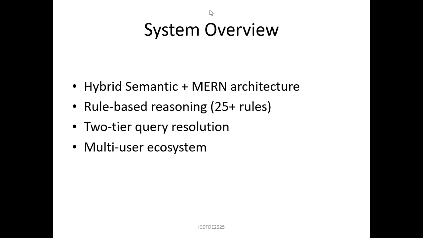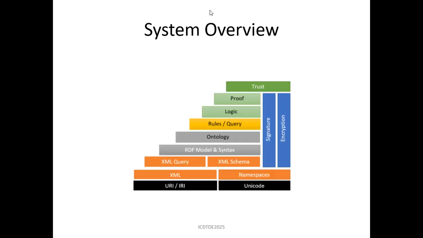When a farmer submits a query, the system first applies semantic reasoning. If the reasoning engine cannot answer, the query is redirected to human experts. Their responses improve the system over time, making it smarter and more capable. So this is the diagram of how the system looks.